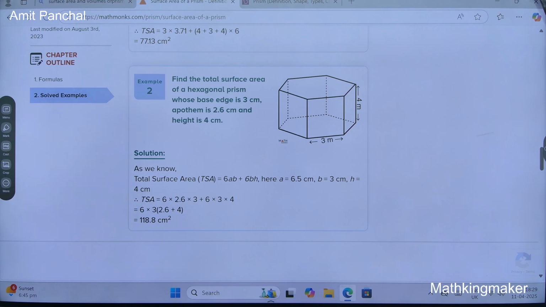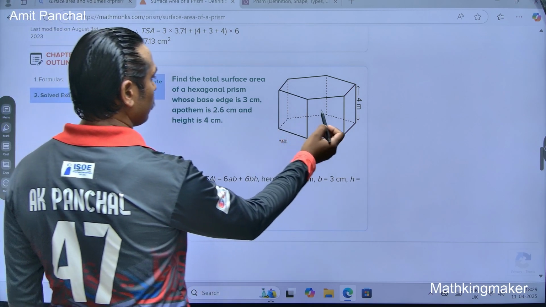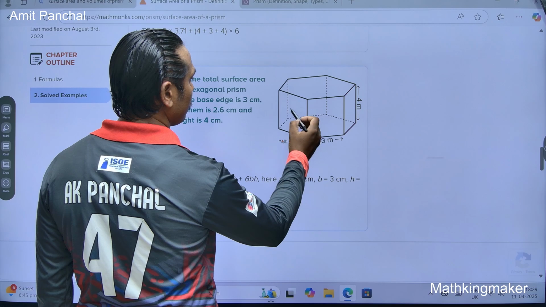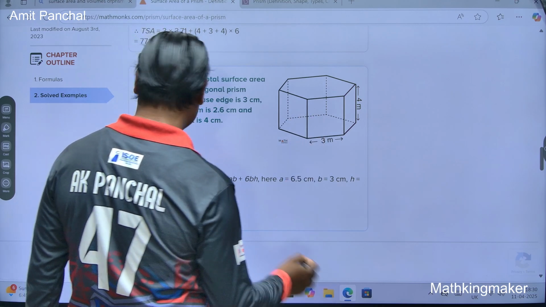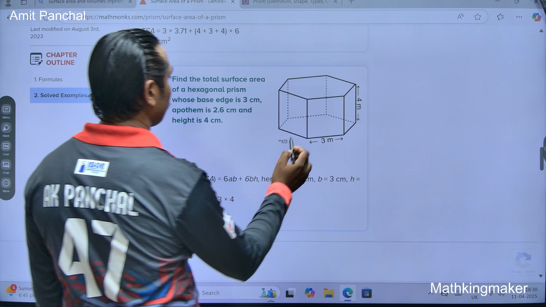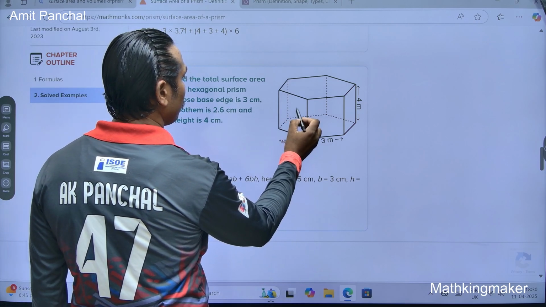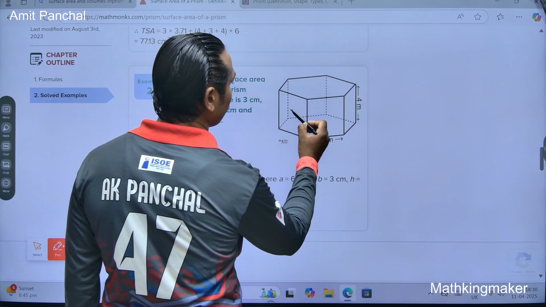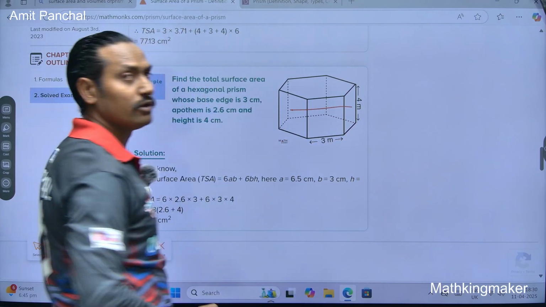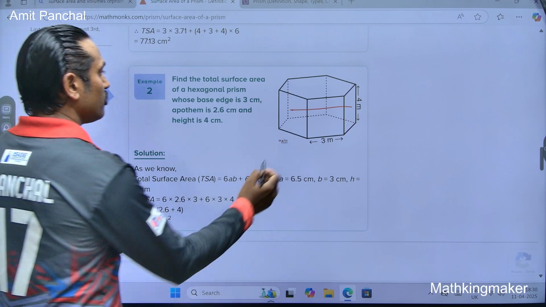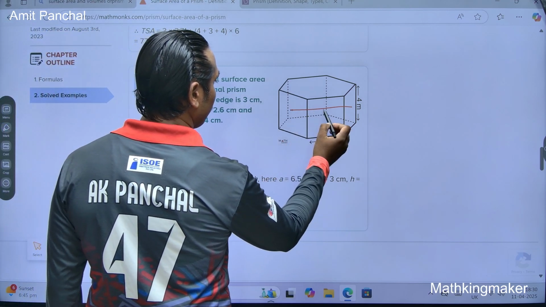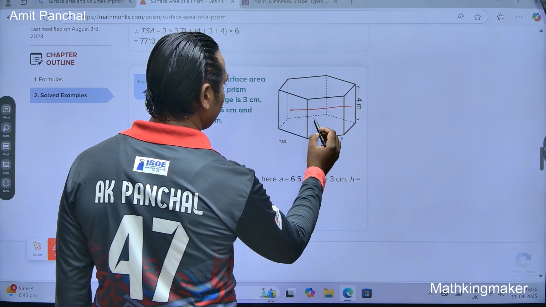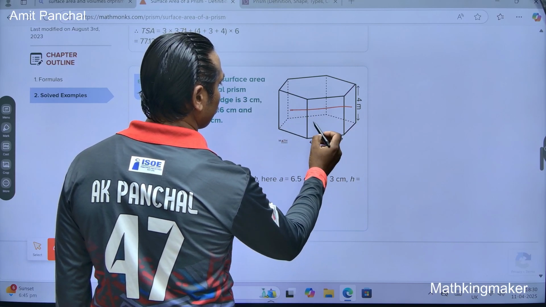Actually, it is like if you have a midpoint here, and if you draw a line along the midpoint in a prism, this is the height of this line from the base.